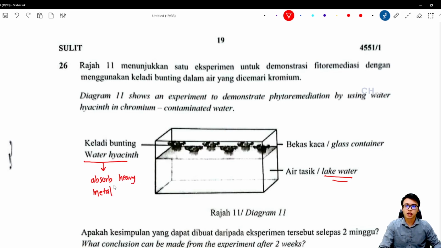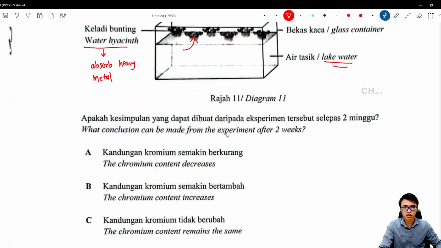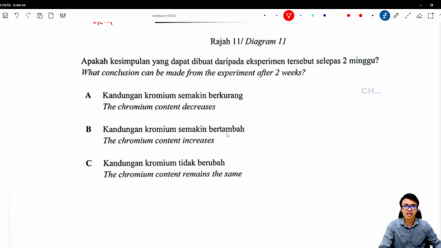The question says this is contaminated water, contaminated by chromium. Chromium is one of the heavy metals as well. So the water hyacinth will absorb all the heavy metals, and the lake water will be cleaner. So the answer here should be chromium content. My bad, it should be A. Chromium content decreases.